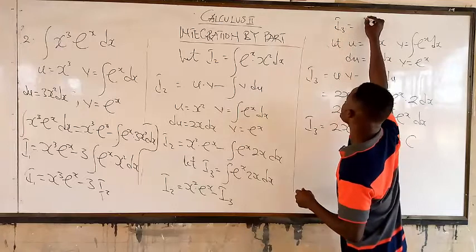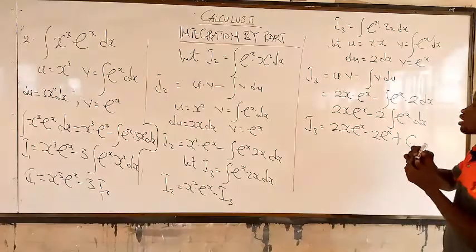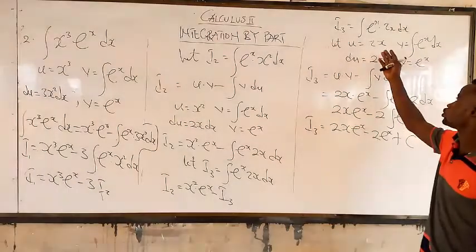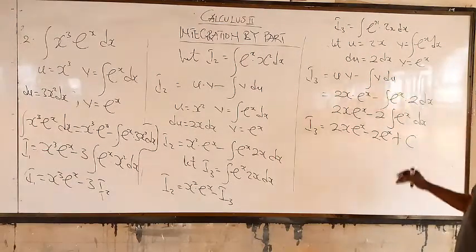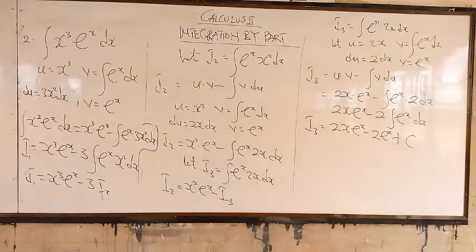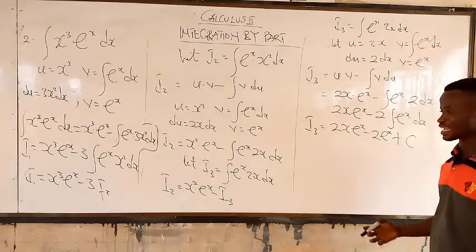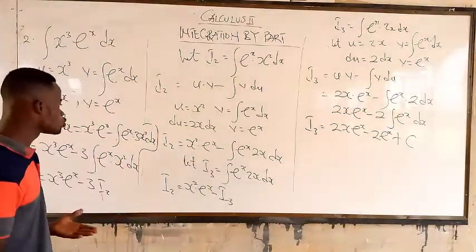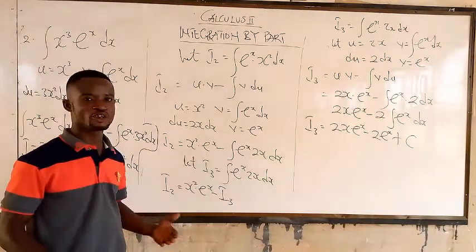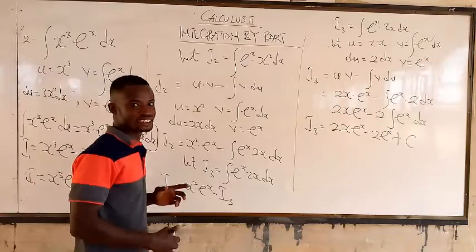I3 is the integral of e raised to power s times 2s ds. So when you do that, that is what you're also going to get for that, and that becomes I3. Very good. So we now come back and do the substitution back, because we are not looking for I2 and we are not looking for I3, but we are rather looking for I1. That is the original integration.